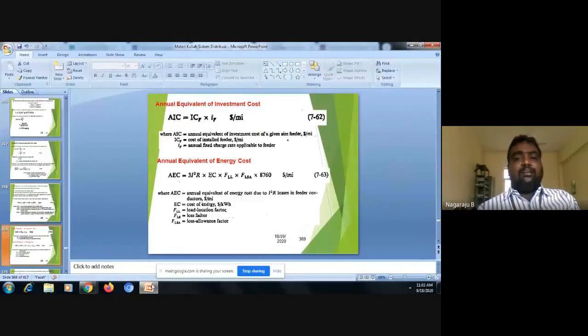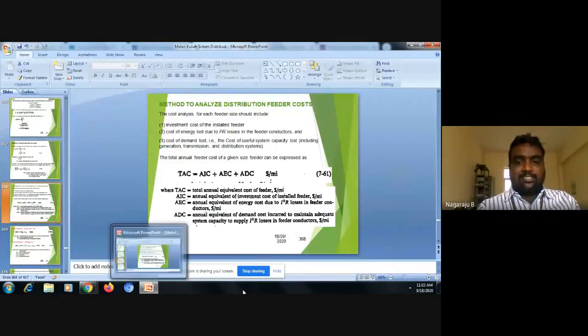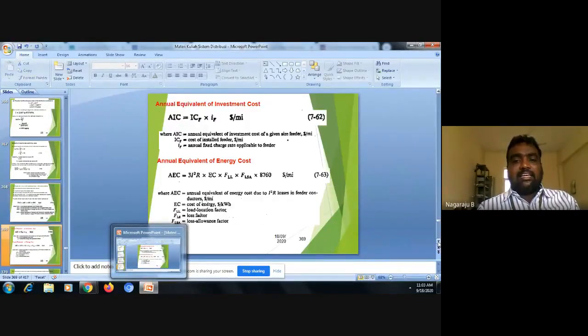Now the annual equipment investment cost, AIC, individually. AIC is nothing but annual investment cost. All are in prices. So how do we determine the price?